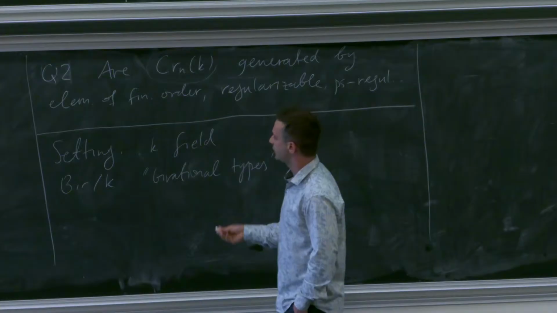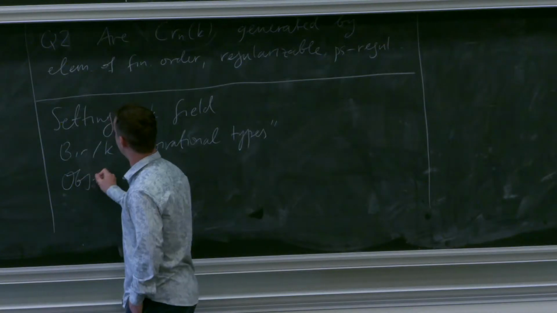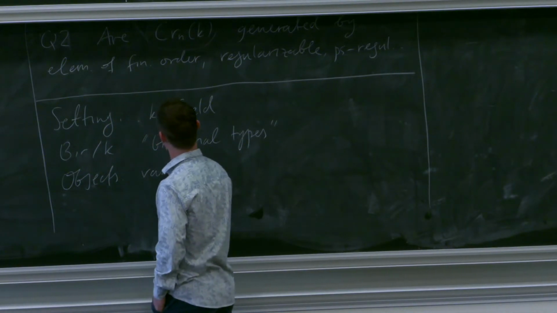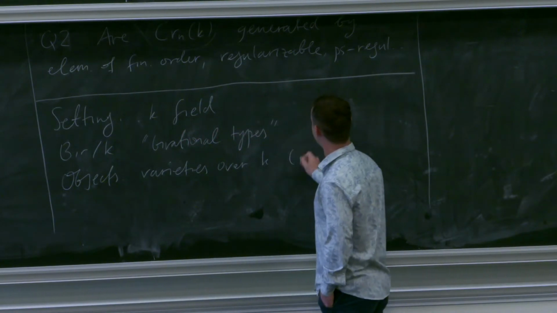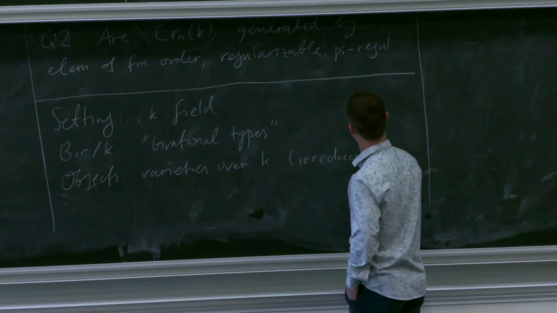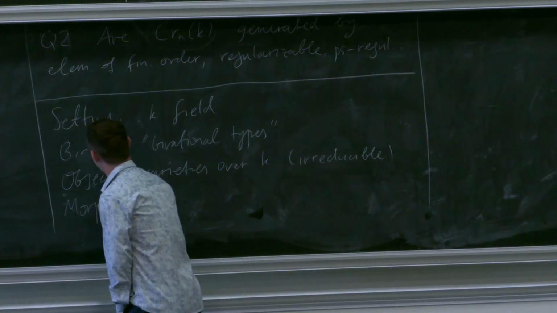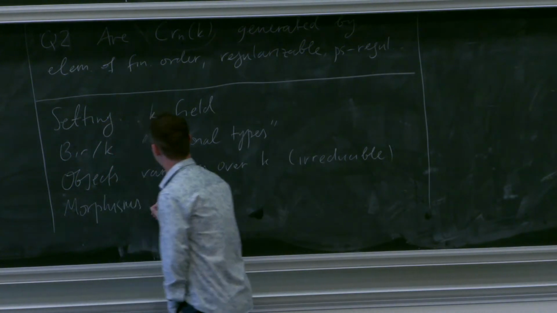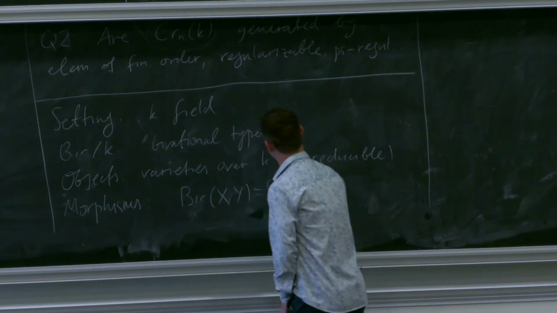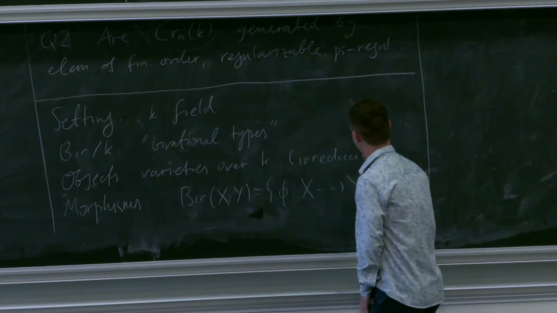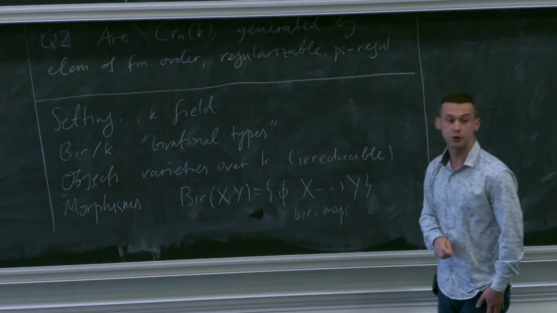The category consists of objects and morphisms, and the objects here are varieties over K, and my varieties actually are irreducible, and morphisms are birational maps, in other words, birational isomorphisms.